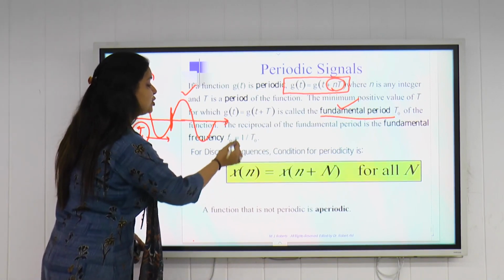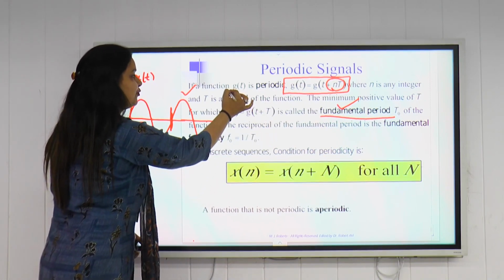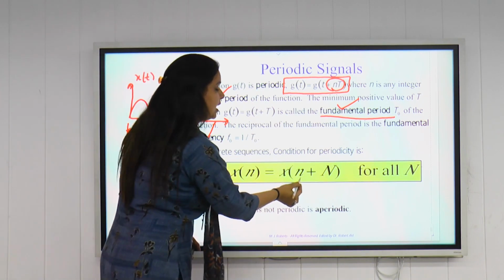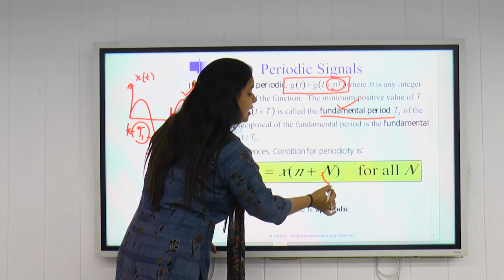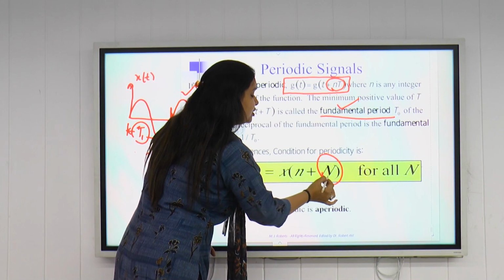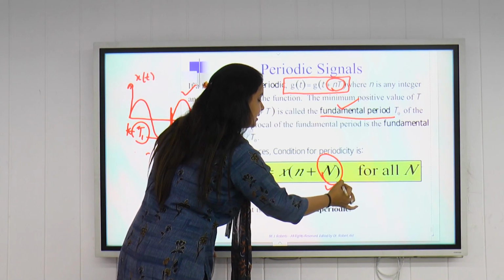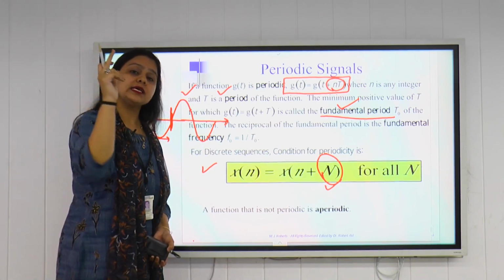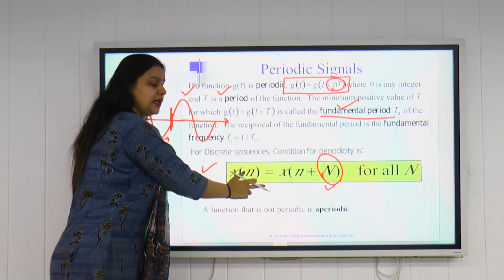So the general equation in the case of discrete is, this is for the continuous. For the discrete, x[n] = x[n + N]. For discrete, the duration after which the signal is repeating is capital N. So we have described it for both the cases, continuous as well as discrete.